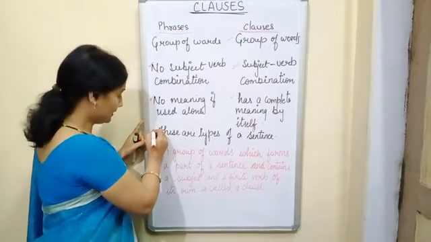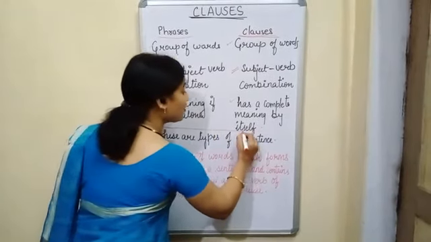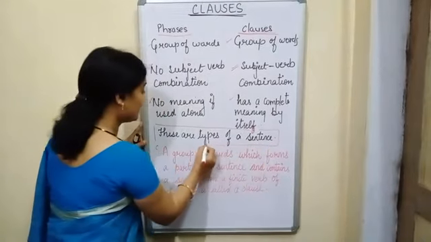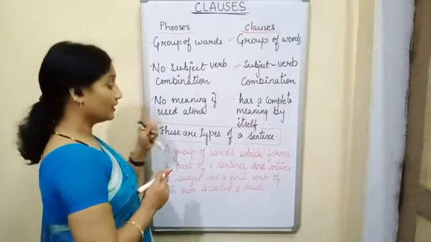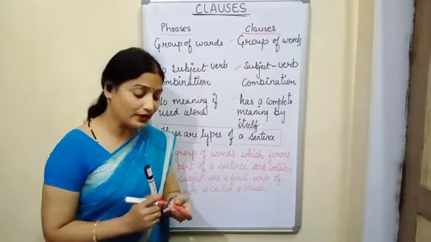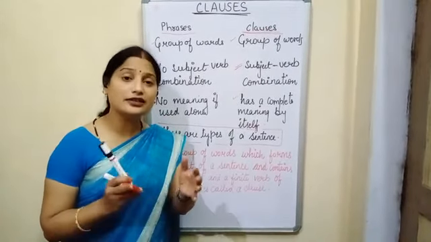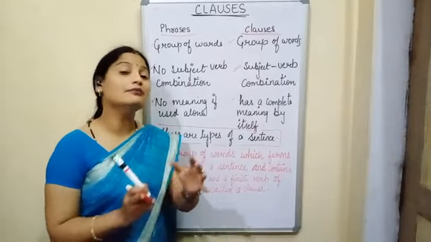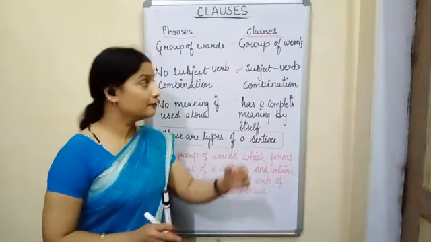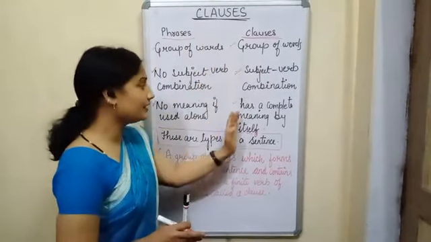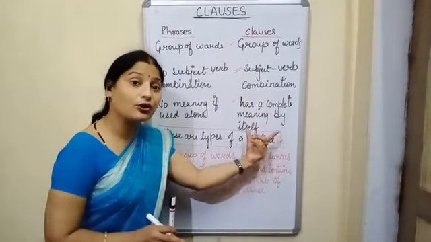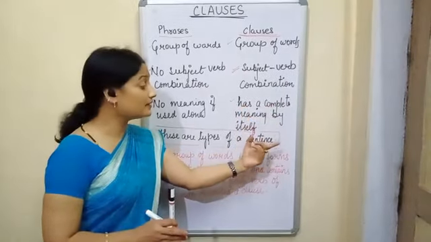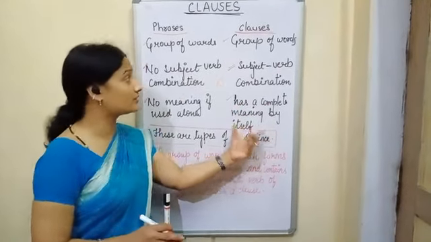And this is the most important line: these are the types of sentence. Now see, a sentence, we have already read, is a group of words which makes some sense. And if we see that a sentence is following all these points, then that sentence is called a clause.